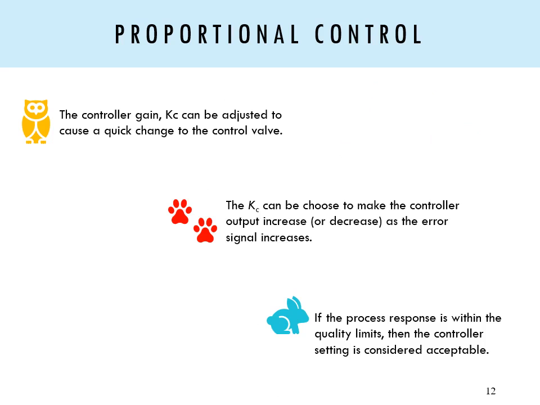The key concepts behind proportional control are the following. Upon a load disturbance or a change at the set point, the controller gain can be adjusted to cause a quick change to the control valve. The sign of Kc can be chosen to make the controller output increase or decrease as the error signal increases. The controller setting is considered acceptable if the process response is within the quality limits.